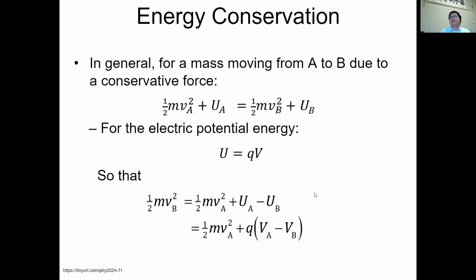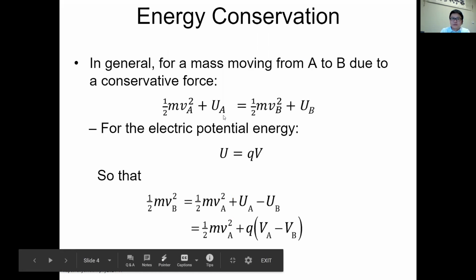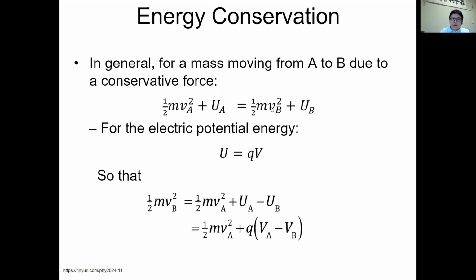The electric field is similar to the gravitational field. Electric force is similar to gravitational force, which is also a conservative force. So in that sense, energy is conserved: the kinetic energy plus the potential energy at point A should be equal to the sum of the two at point B. In this case, electric potential energy is equal to Q times V, where V is the electric potential.